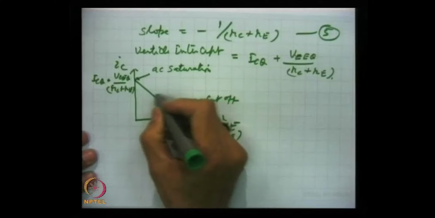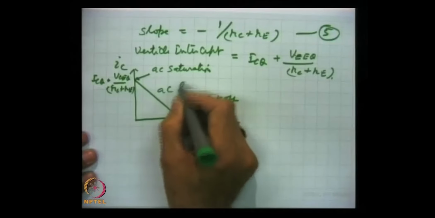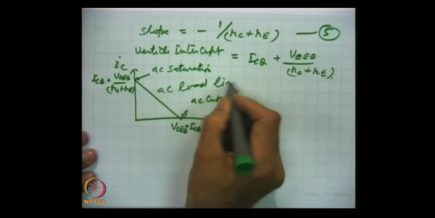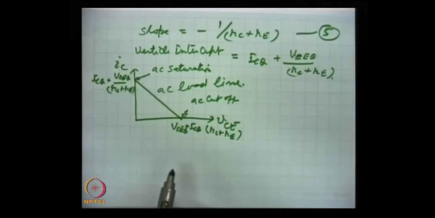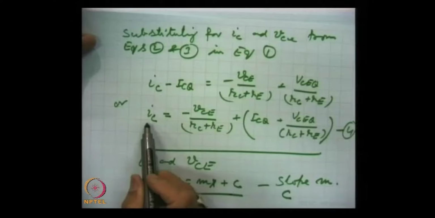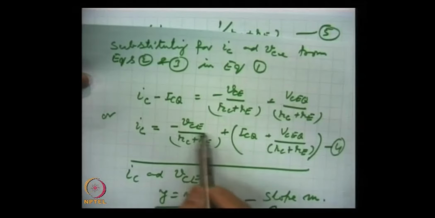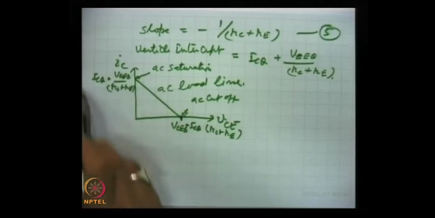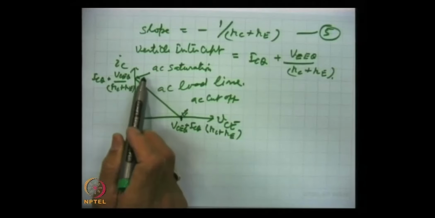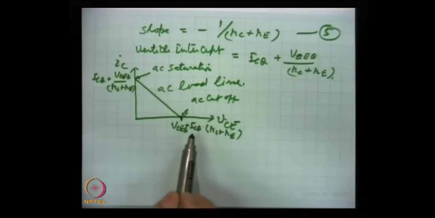This is the AC load line, and in this expression, by putting IC equal to 0, we get this point. Here IC is 0, and if we put VC is 0, then we get IC equal to this much. So this is the saturation point and this is the cutoff point.